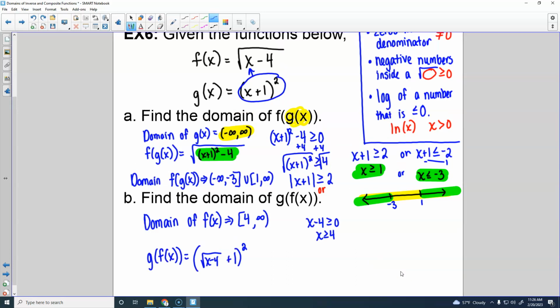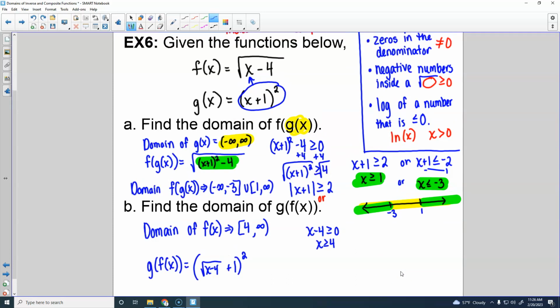So we need to think about problems for our domain. Do we have any denominators? We do not. Do we have any logs? We do not. Do we have any square roots? We do. So we do have a square root. We need to think about what is underneath our square root, which is x minus 4. That must be greater than or equal to 0. We really already did that, right? Because what is underneath the square root is the same thing as what's underneath the square root for f of x. Sometimes things will cancel out and it won't be the same, but it is on this one.